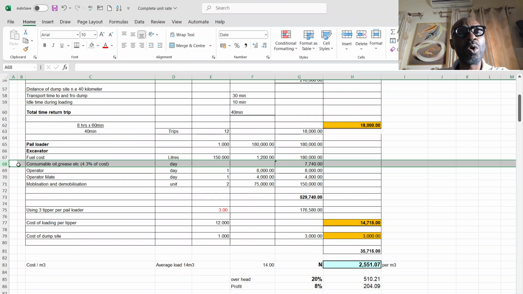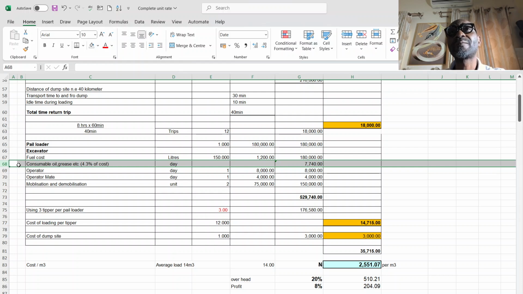Then the consumables, which are like the oil, the grease, and other consumables that make the equipment work efficiently. How do you determine that?